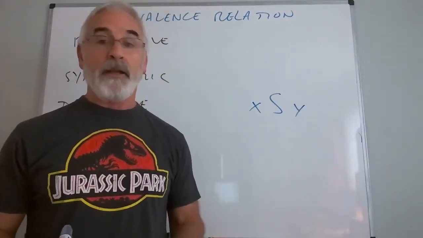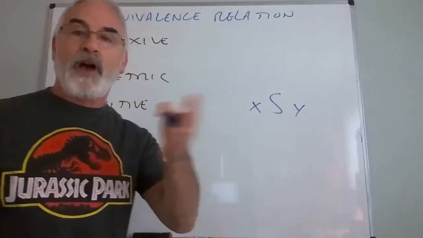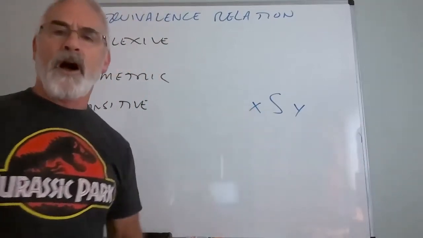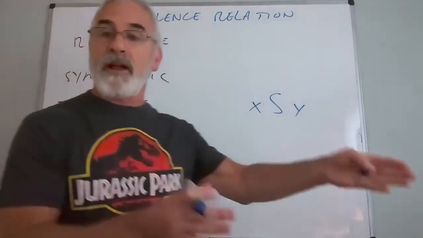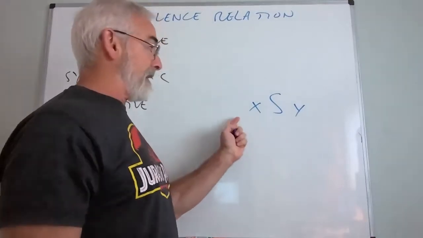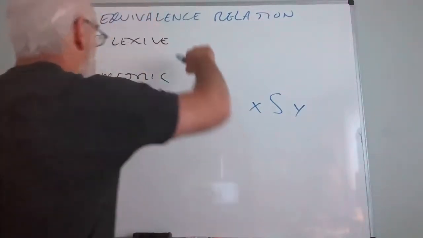I could be defining this as X is related to Y if X times Y is an even number. I could say X is related to Y if X over Y is rational. Any way I want to describe this, S is my relation, and "X is related to Y" will have a very specific definition. So here's how this works.